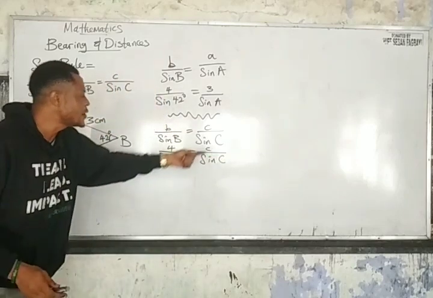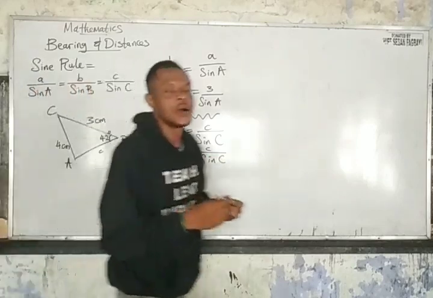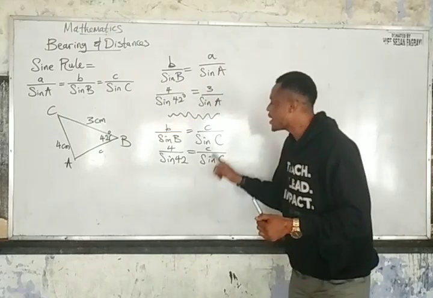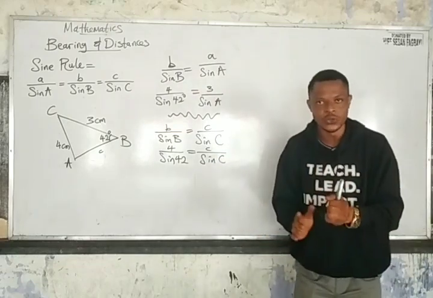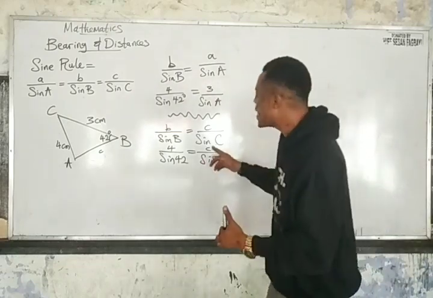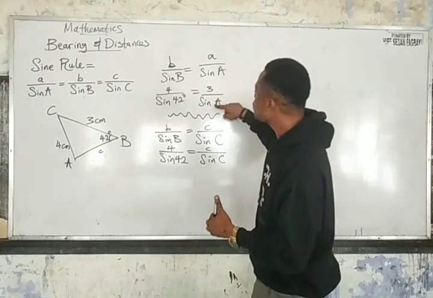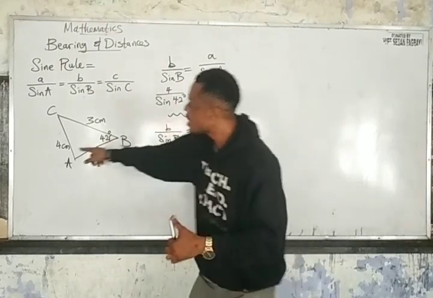Here we are going to end up in a deadlock because both c and angle C are unknown. But here is a way you can find your c. That is after you have found the angle A.